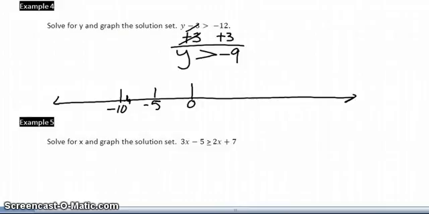And since I don't have an equal to, and I've just got the greater than, I use an open circle because it does not include negative 9, but every number that is greater than, or to the right of, negative 9. So I use an open circle when I have just a greater than or less than sign, but not the equal to sign. And everything goes right from there.